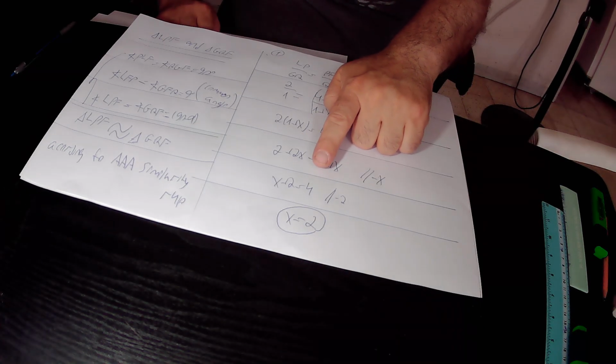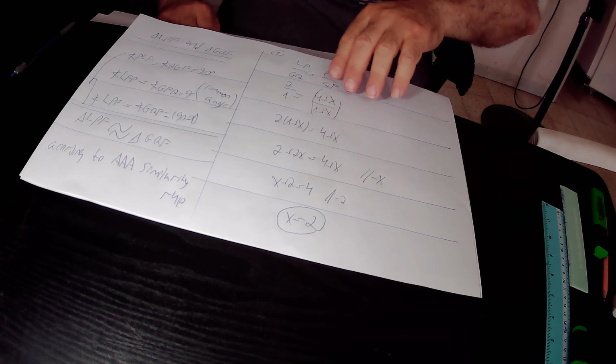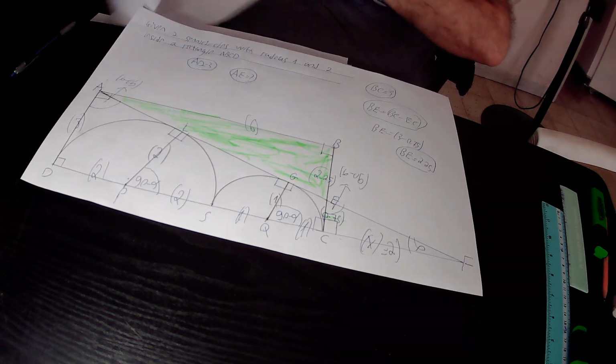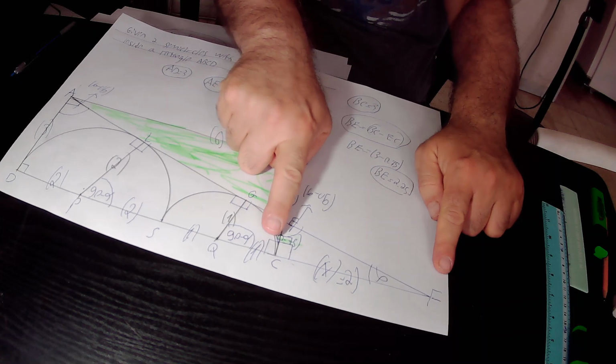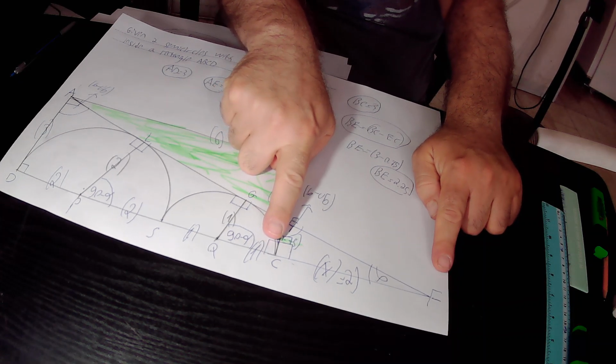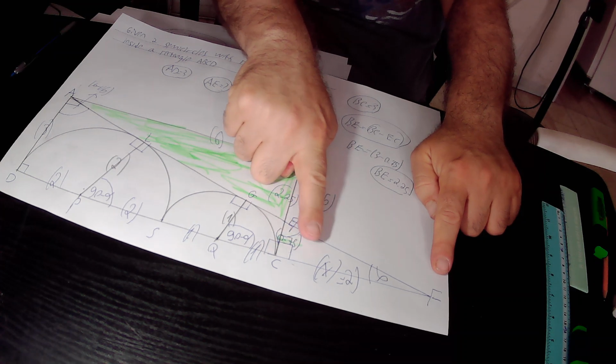Here we subtract 2 from the equation and find that x equals 4 minus 2, that is 2, so x equals 2 units in length. So CF equals x, and x equals 2, so CF equals 2.